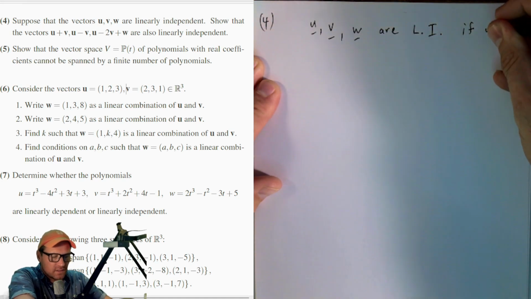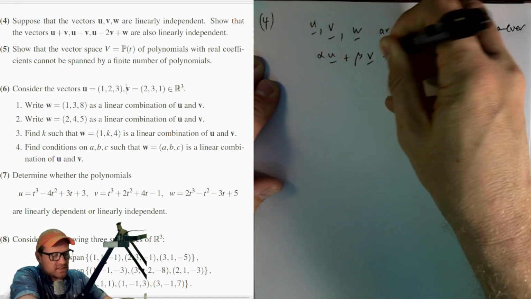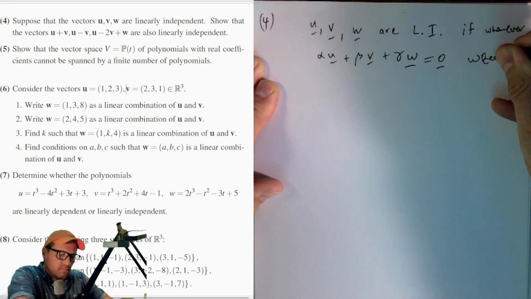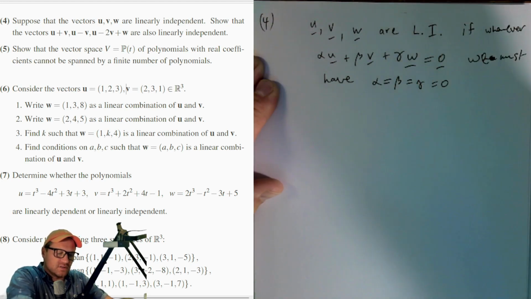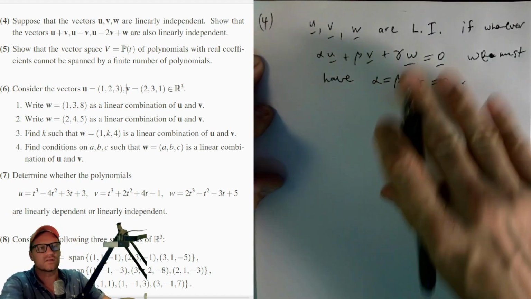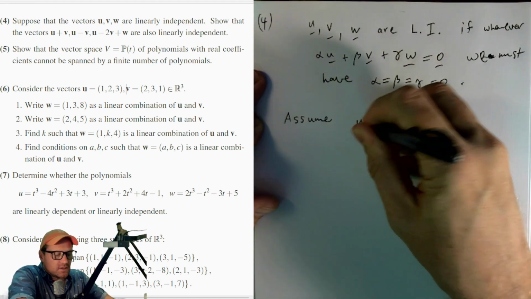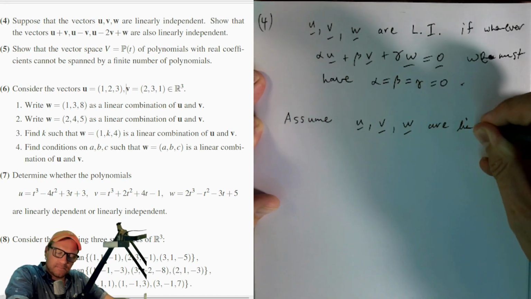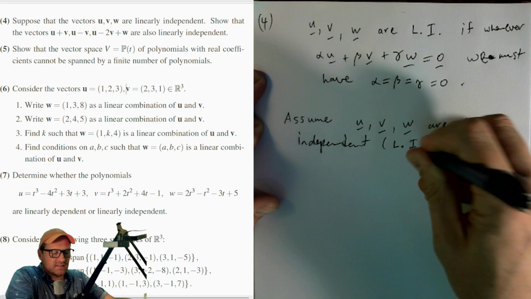So if whenever alpha u plus beta v plus gamma w is the 0 vector, we must have alpha, beta, and gamma equal to the 0 scalars. Okay, so this is what we're going to assume here. So we'll begin by saying assume u, v, and w are linearly independent. And I like to abbreviate that LI sometimes.